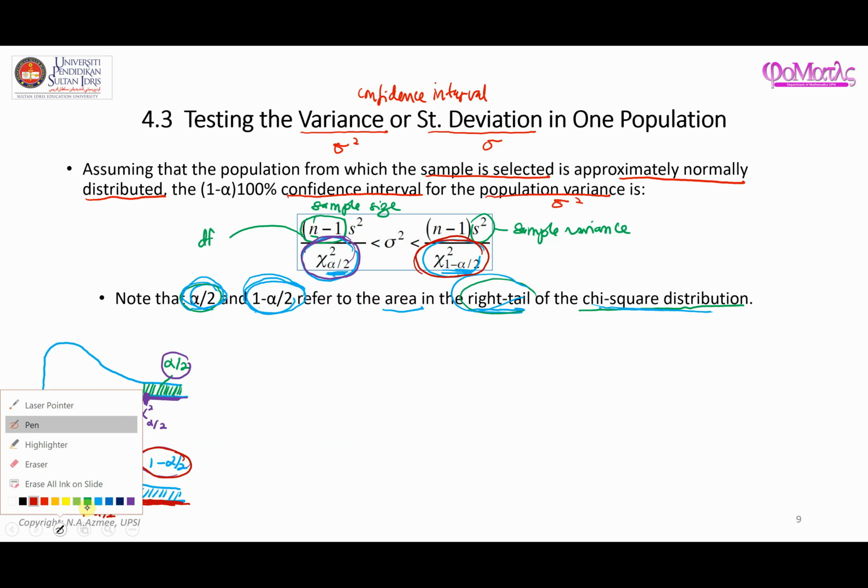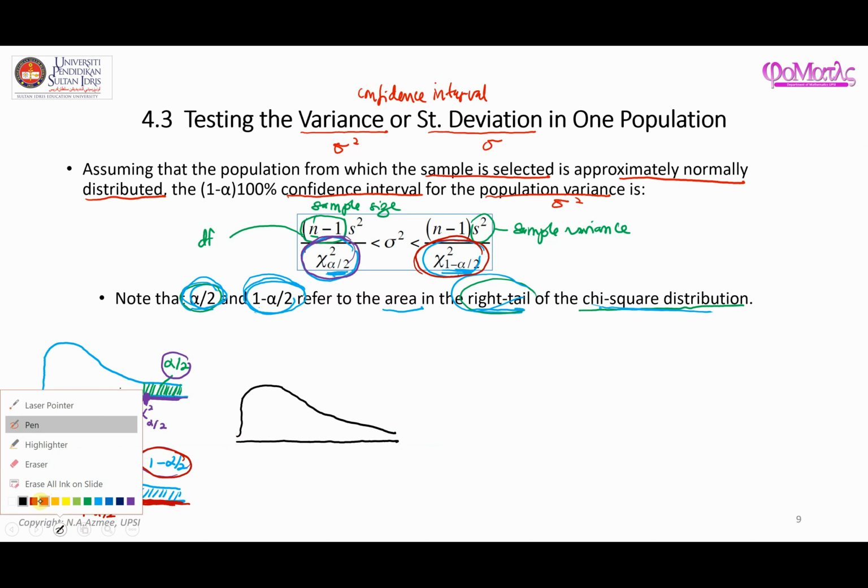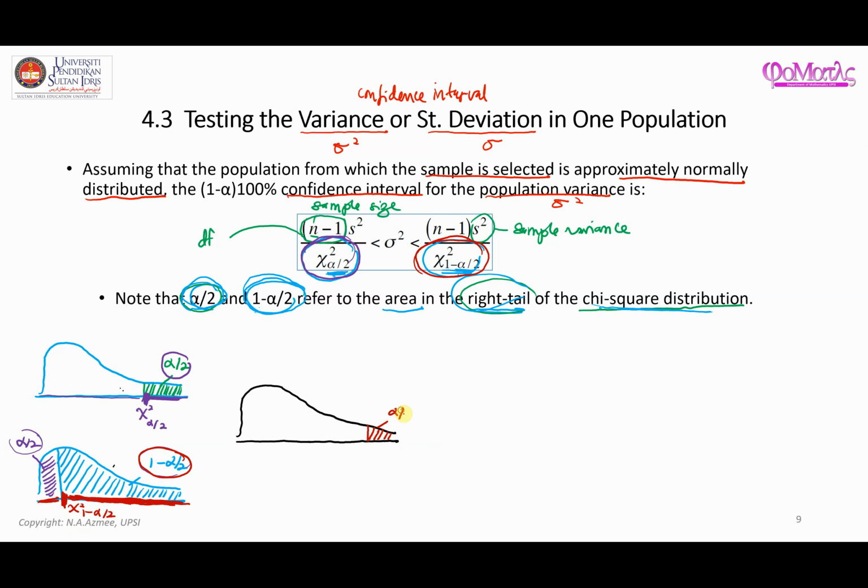Of course, if you want, you can combine these two figures into one big figure, which is going to look like this. If you have this area, this is alpha over 2, and this point in particular on the horizontal axis is going to be called chi-squared alpha over 2, which is this one.